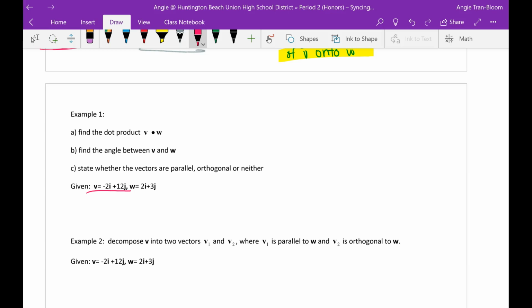The dot product, if you remember just a minute ago, is the first component of V times the first component of W, plus the second component of V times the second component of W. So that is negative 2 times 2 plus 12 times 3. This is negative 4 plus 36. So the dot product is just a constant, and that gives me 32.